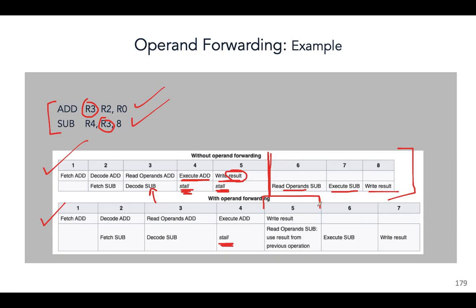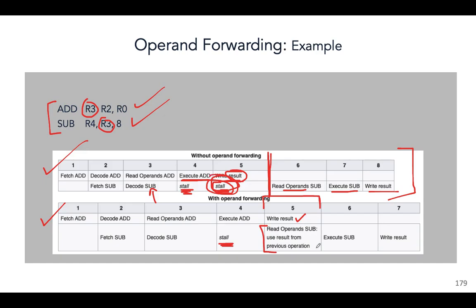But now what happens is, while it is writing the results, the add instruction can also forward the operand to the subtract instruction, so that the subtract instruction can actually take R3 directly from the add instruction and start its own operation. So it doesn't have to wait like it had to in this case.